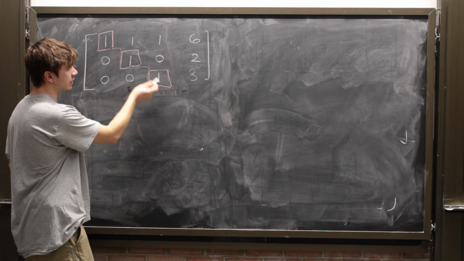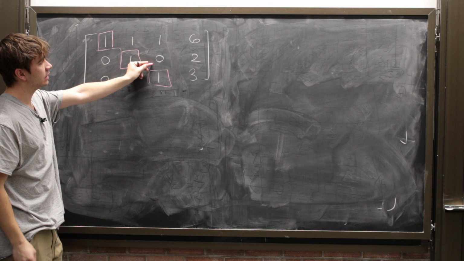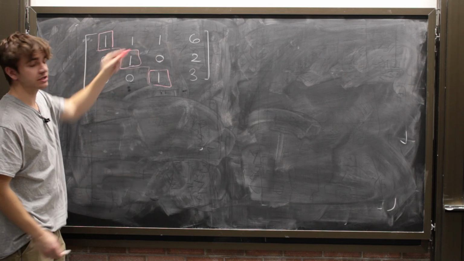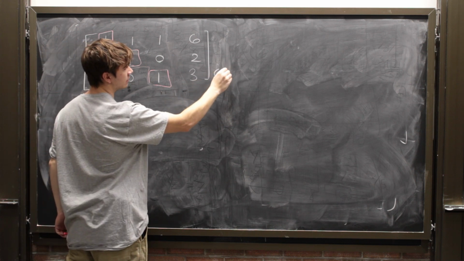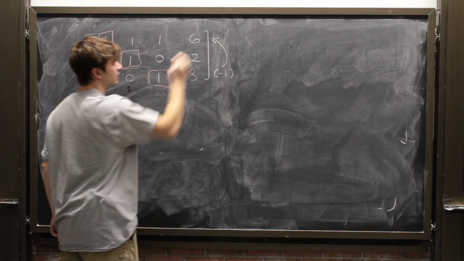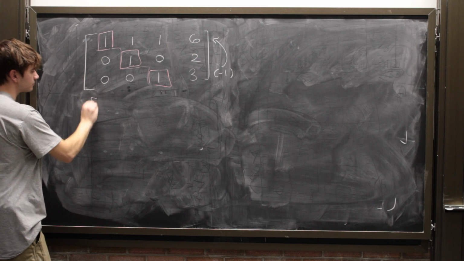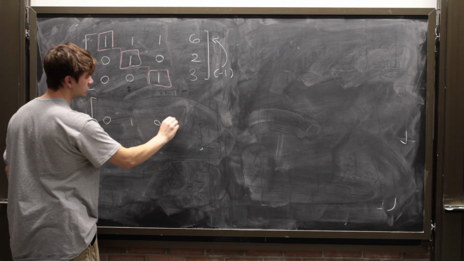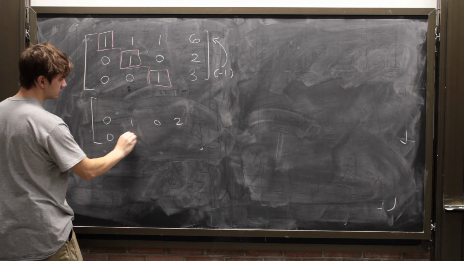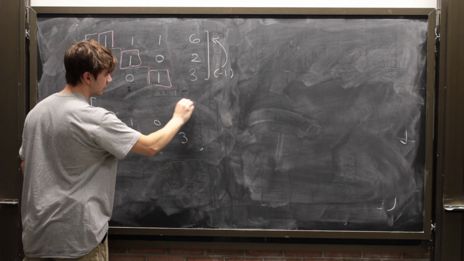So looking at this 1 here, this is already a 0, so I'm good. And then I just need to make this 1 into a 0. So I'm going to use this 1 and multiply by negative 1 and add it in to the top row. Okay, so that's going to leave the bottom 2 rows unchanged. 0, 0, 3.